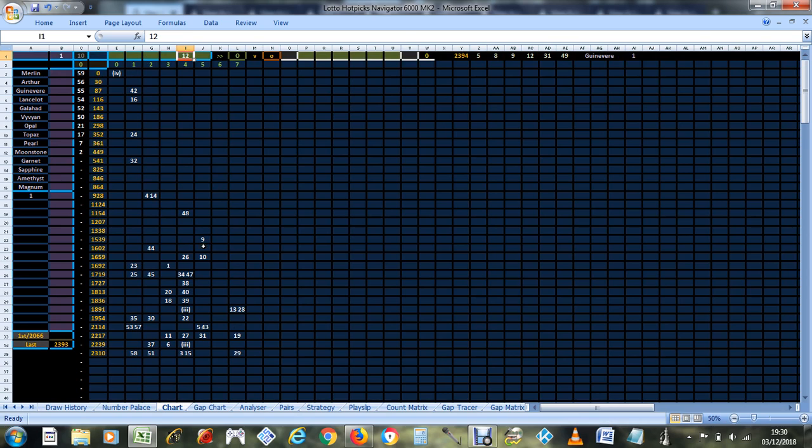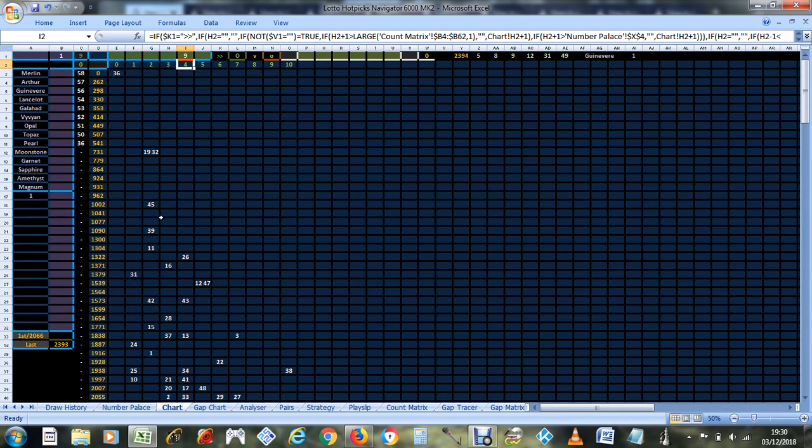Numbers paired with 12, there's 9 on the edge of the chart. So 12 will probably be on the edge of the chart for 9. There it is.